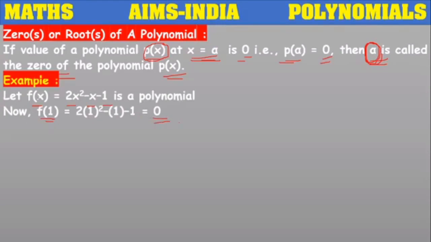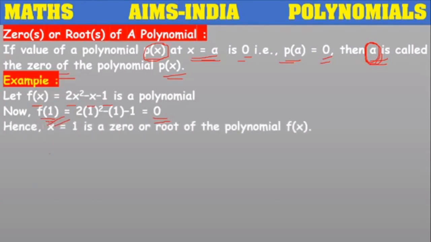Means when we are keeping the value 1 in the place of variable x, then the entire polynomial is becoming 0. So that's why for this polynomial, 1 will be considered as 0 of this polynomial or root of the given polynomial. So x equal to 1 is the 0 or root of the given polynomial f of x.